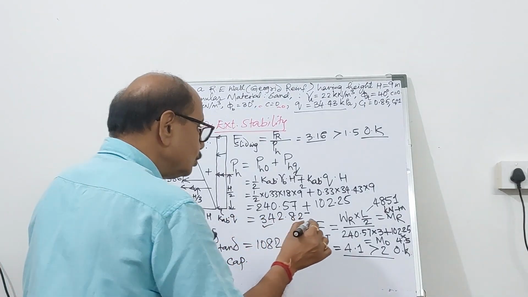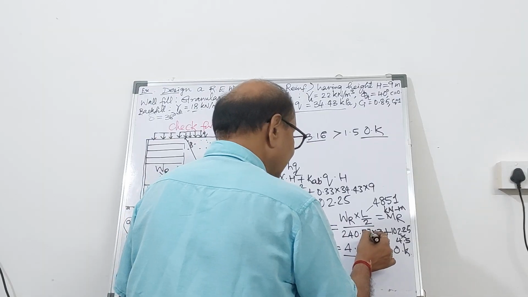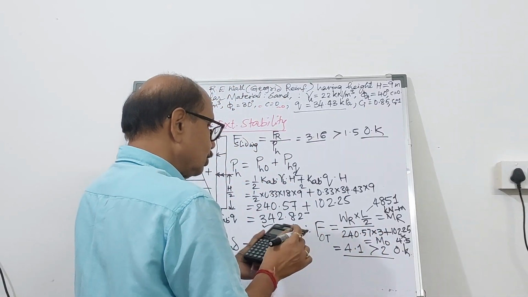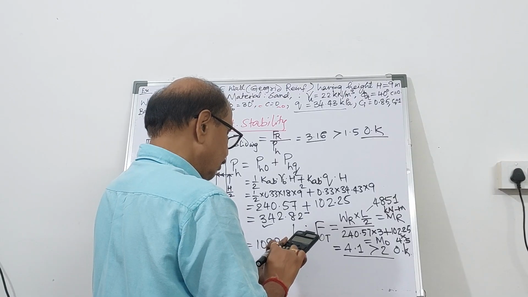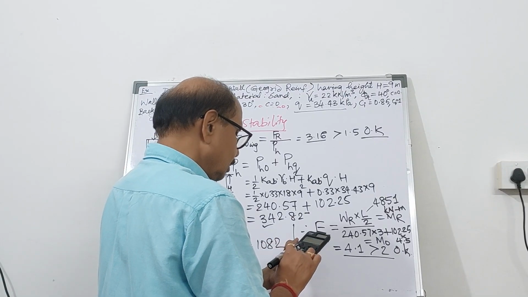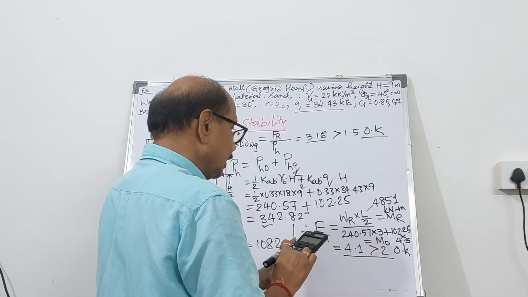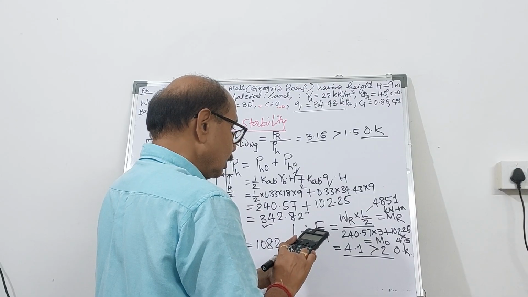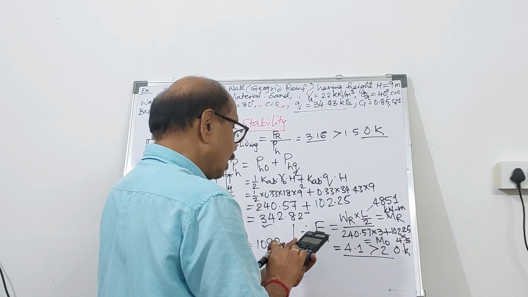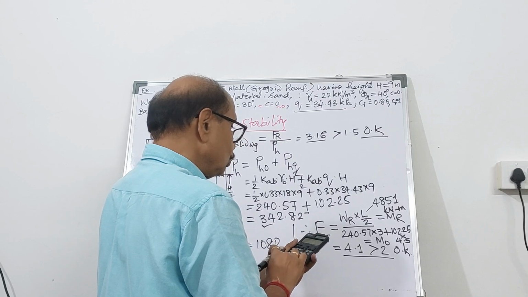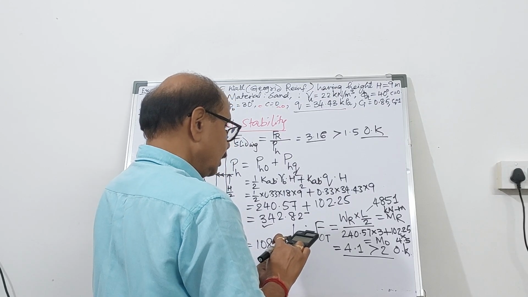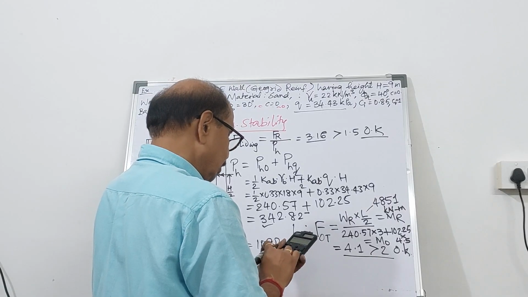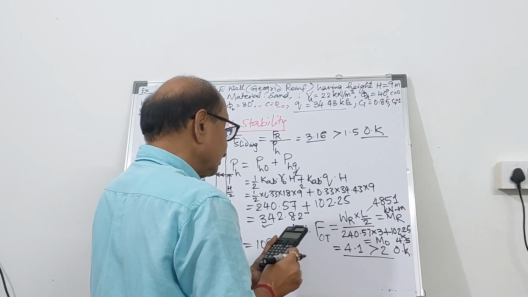What is the MO? Overturning moment is 240.57 multiplied by 3 plus 102.25 multiplied by 4.5.